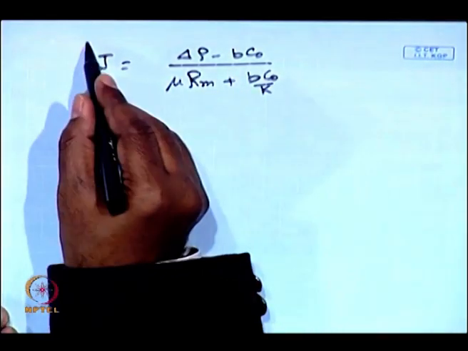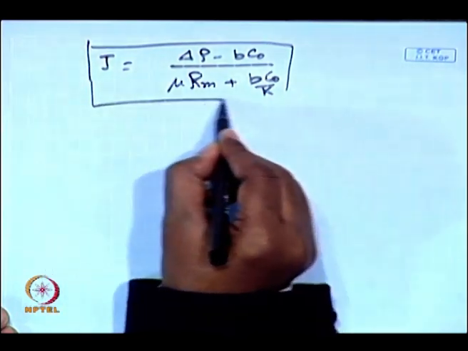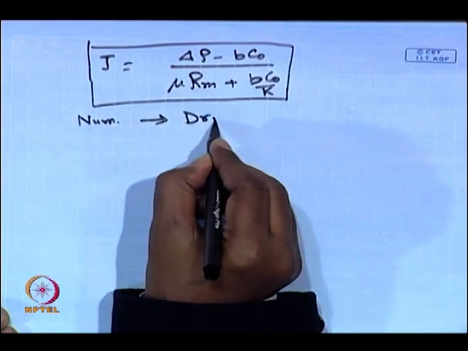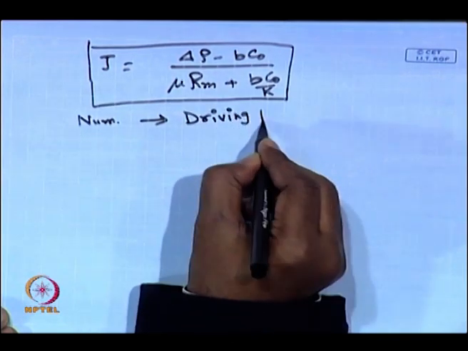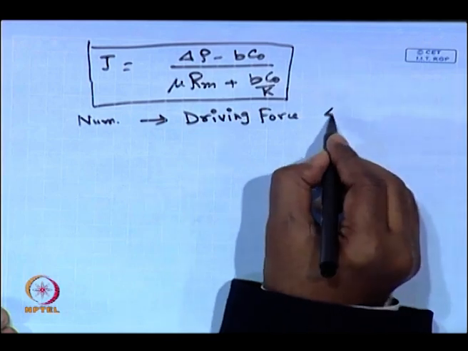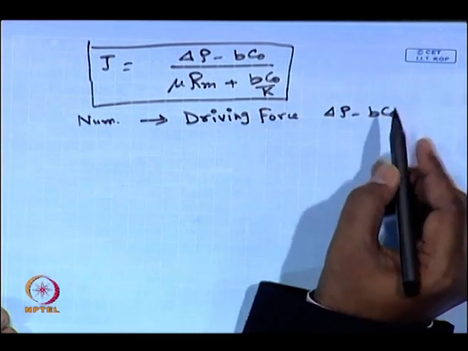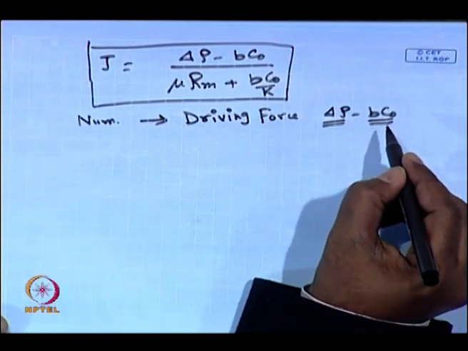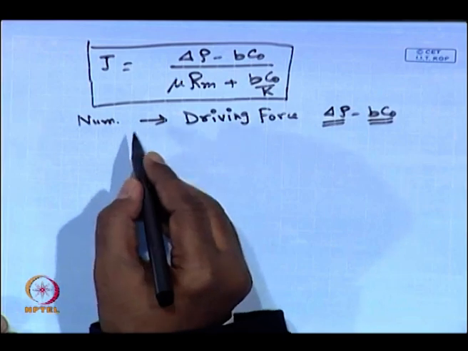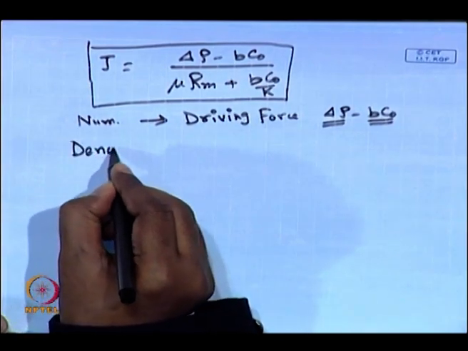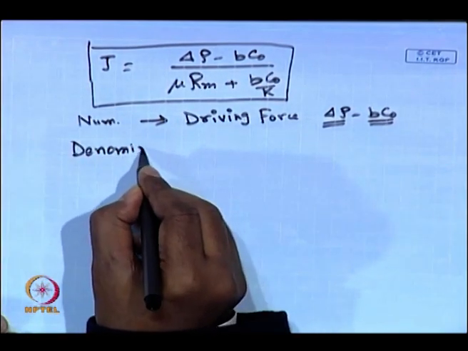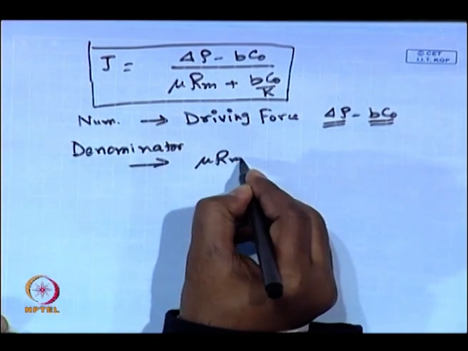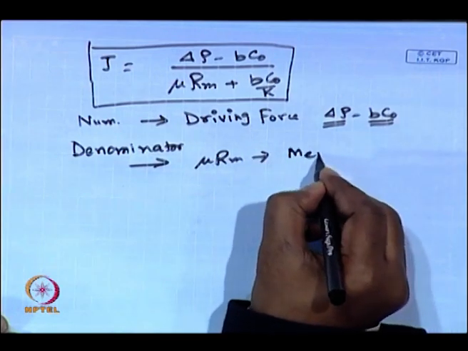The numerator gives the driving force, and what is the driving force? Delta P minus B C naught. The driving force is actually delta P, reduced by the osmotic pressure contribution from the feed concentration. The first term of the denominator gives the membrane resistance.